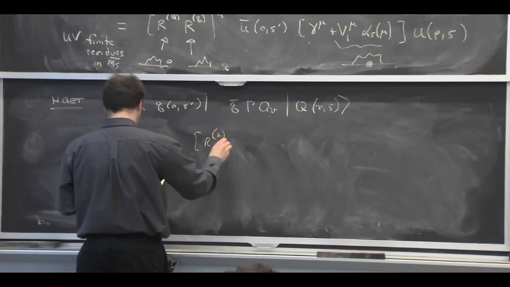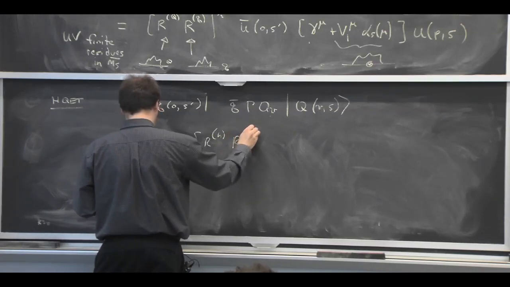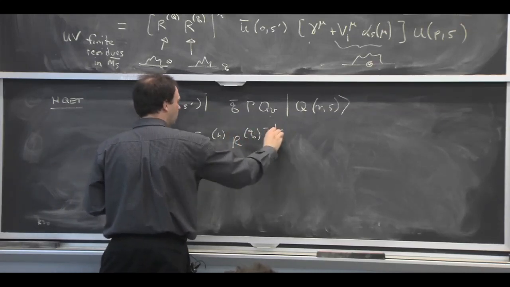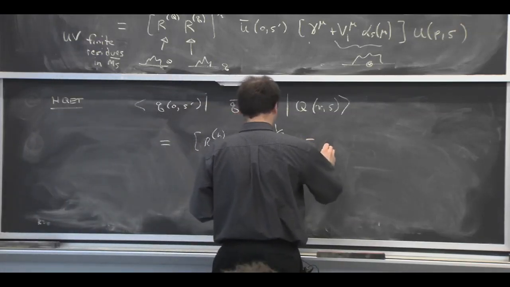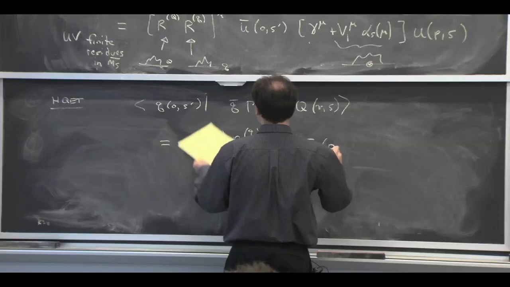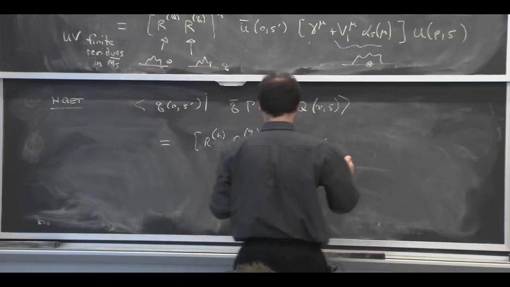Talked about that last time. And so there again would be some residue factors. And if the residue factors are not the same in the two theories, you have to account for that, and they won't be because the heavy quark residue will be different than the heavy quark residue here.